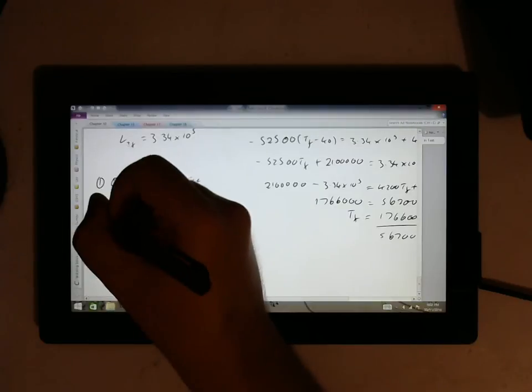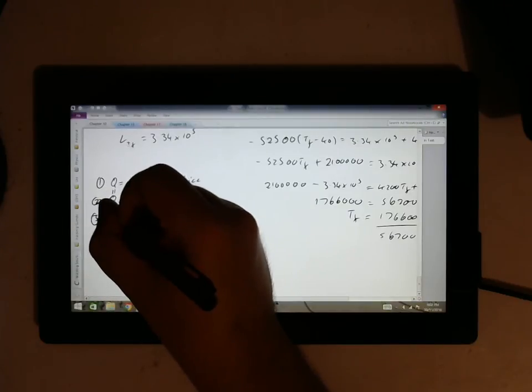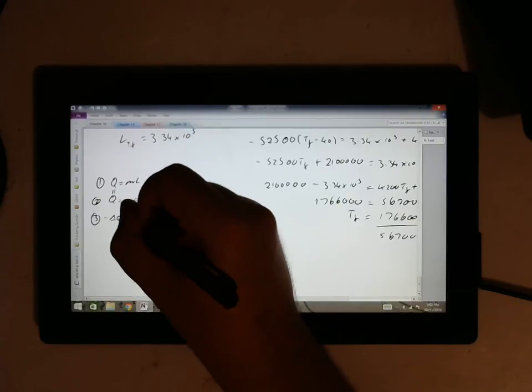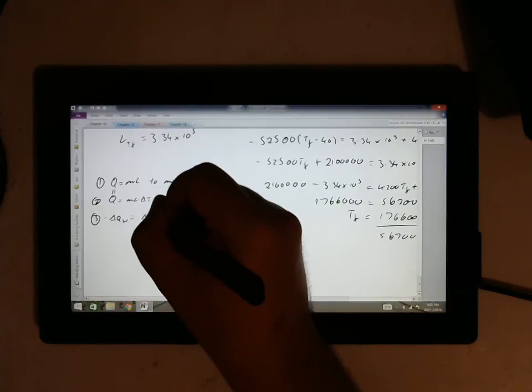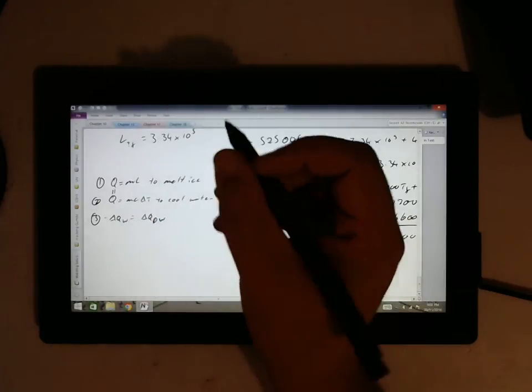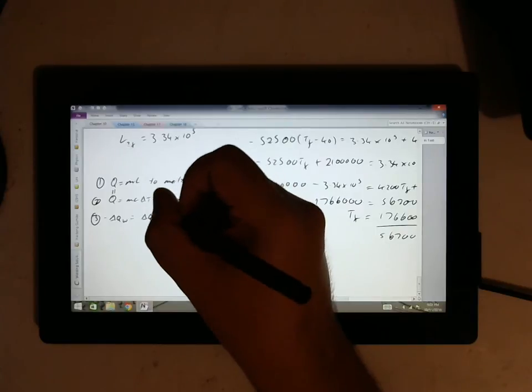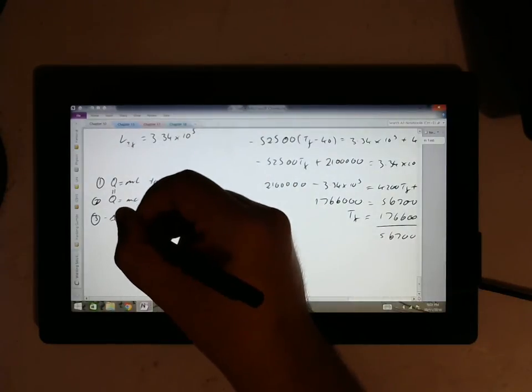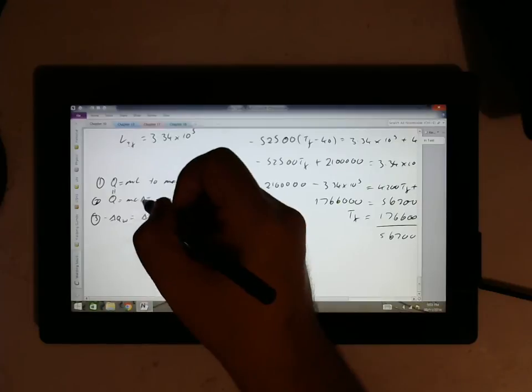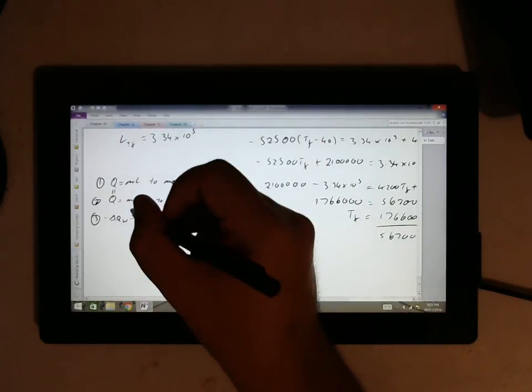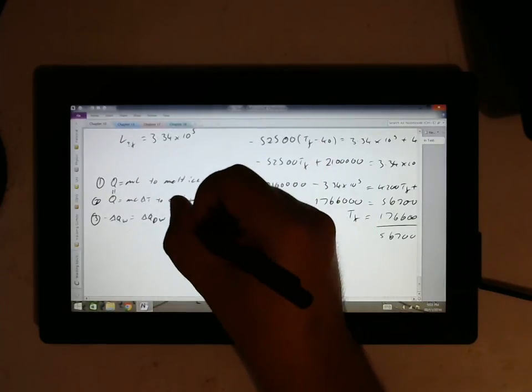Okay, then step 3, delta Q, so the loss of energy on the water would equal the gain of energy on the, say, 0 degree water. Okay, this one would have a different temperature. It would not be 40 degrees because we've cooled it down from here, and then you could use some thermal equilibrium.